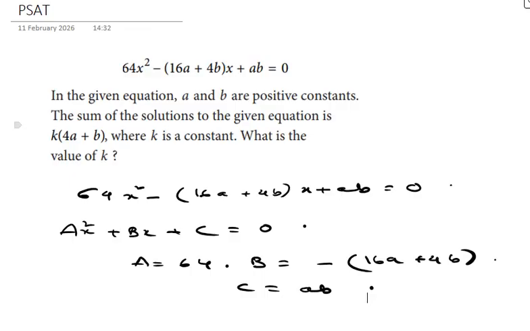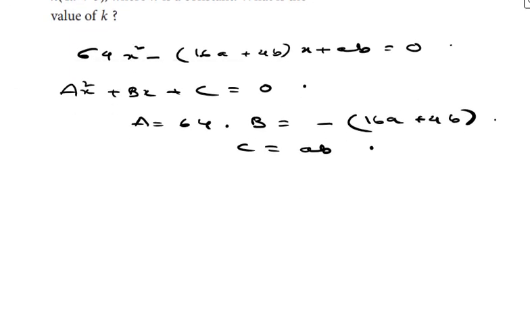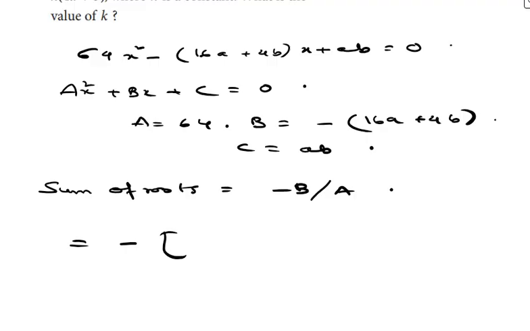Now we know that for a quadratic equation, the sum of roots is equal to minus B divided by A. Okay, so that is the sum of roots is equal to minus B by A. Now we substitute the values of A and B. So sum of roots is equal to minus of minus (16a plus 4b) by 64.